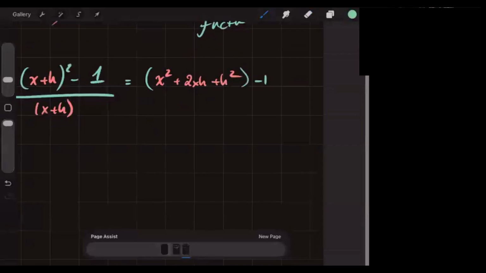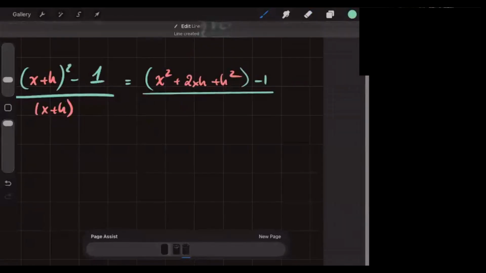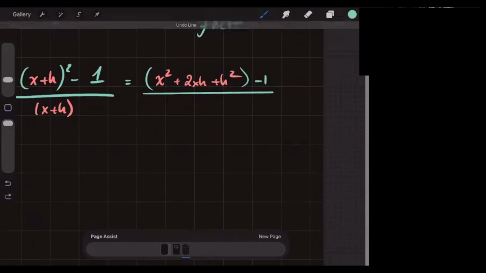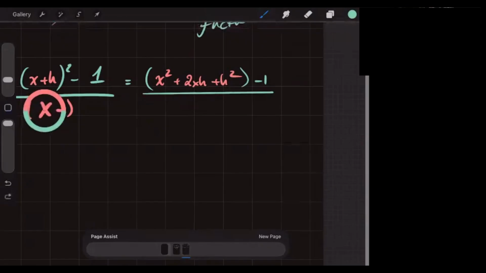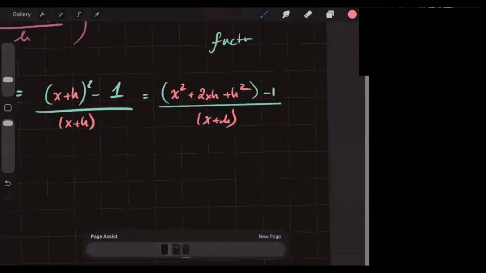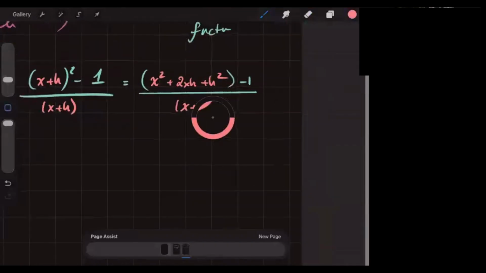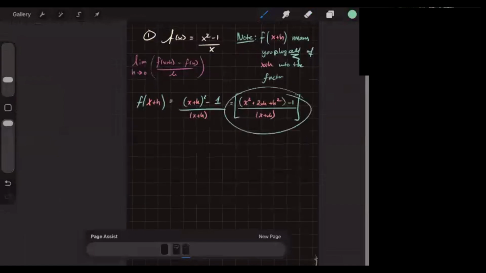You don't have to. All over x plus h. Cool. Nothing more we can do with this. So we're going to put a hold on it. All right. Now that we have this, we can plug it into here. All right.